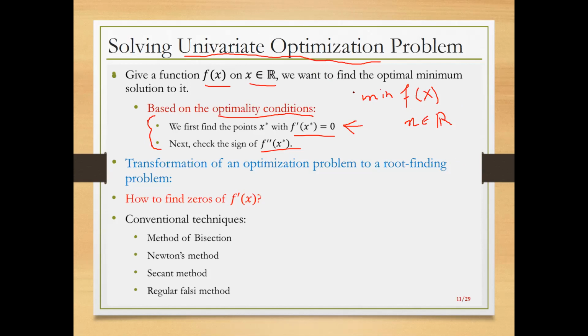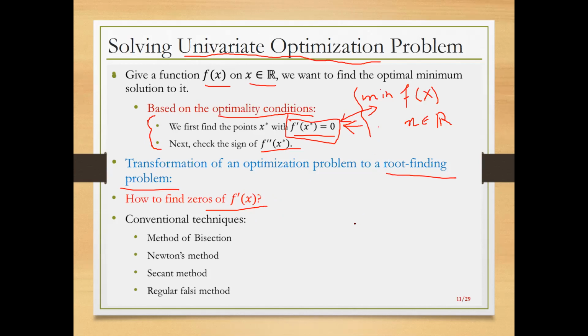So this is my objective function, and there are no constraints over here. So this is an unconstrained minimization problem. This can be translated into a root finding problem. If I want to solve this, all I have to do is find all the zeros of the derivative. Am I right? Yes. So basically, if I solve this, I have solved this.